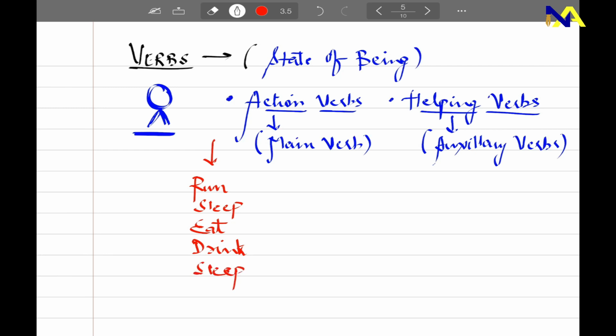But one more thing to observe is that when you say run, that is not a state of being. It looks more like a command. Run matlab, you will say bhagna, but it's not bhagna. Run means bhag, sleep means so, eat means kha. But apne aap mein kha, so, these are commands.